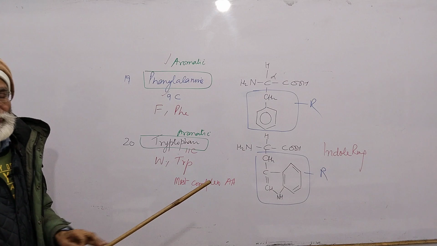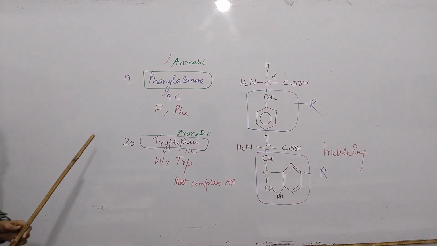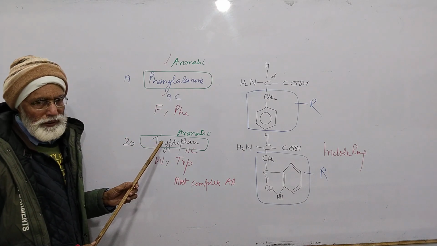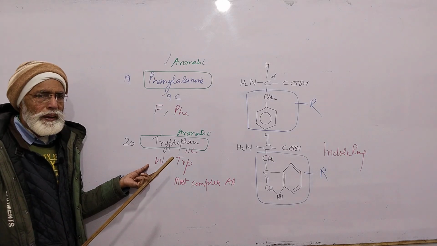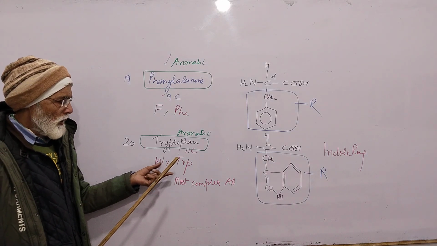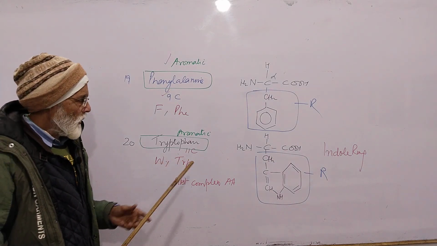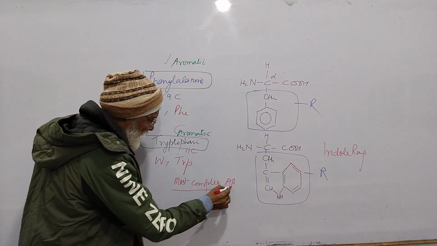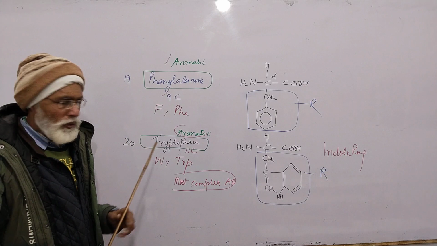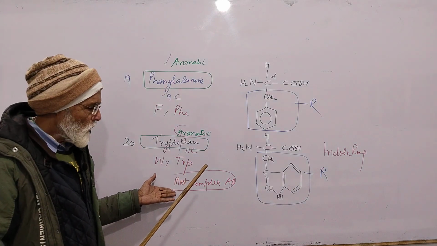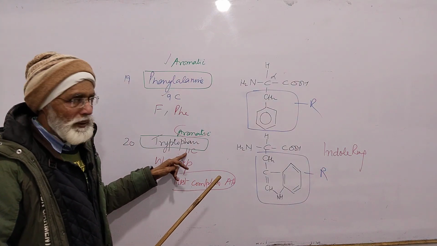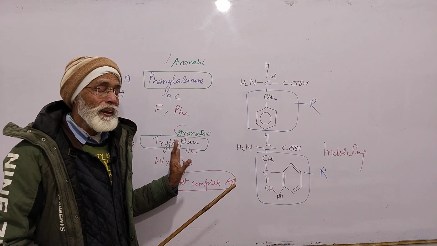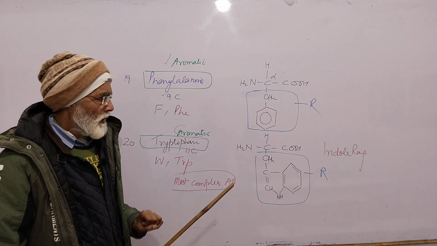Now the last entry of the amino acid structure, tryptophan, represented by single letter abbreviation W and TRP 3 letter. Okay, it is also aromatic and the most complex amino acid. Questions are there already. Most complex because it possesses the maximum number of carbon atoms, 11.